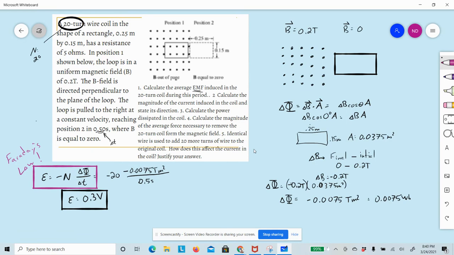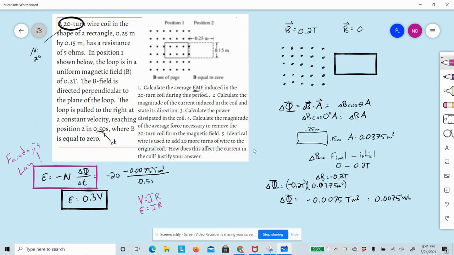What else do they want to know? Calculate the magnitude of the current in the coil and state its direction. This is not too hard. The magnitude of the current. You should remember Ohm's law. V equals IR. We don't have voltage here. It's not connected to a battery, but there is a voltage of 0.3 volts. So Ohm's law, you might as well write electromotive force equals current times resistance.